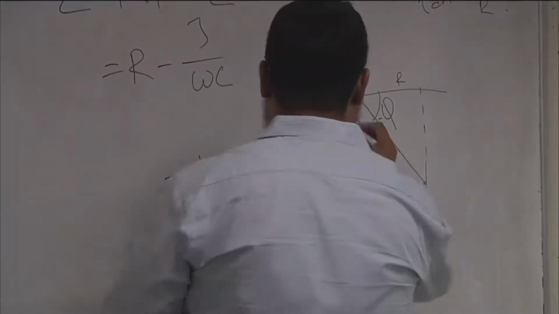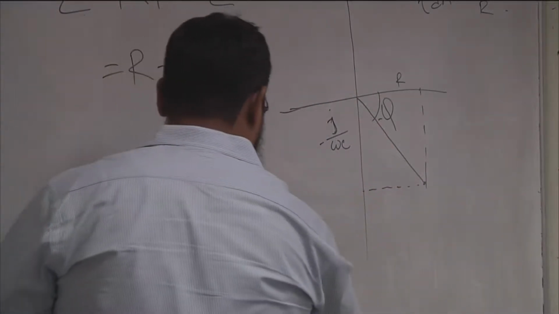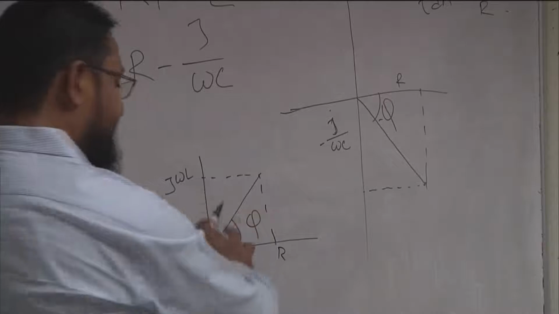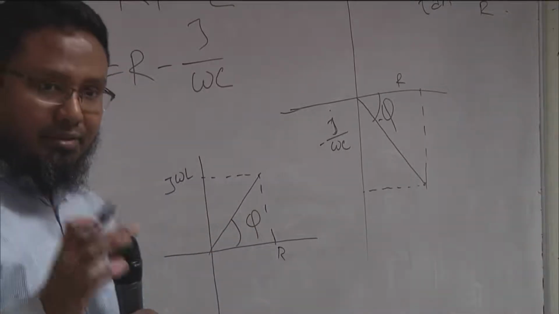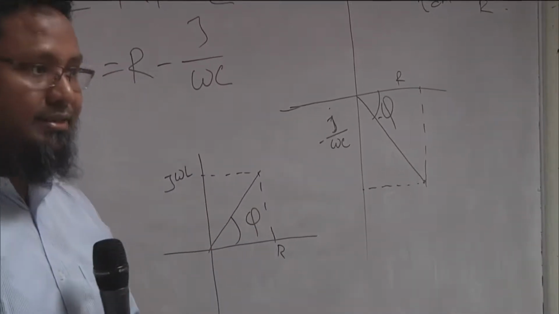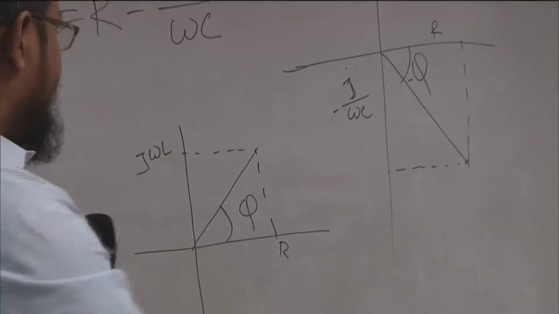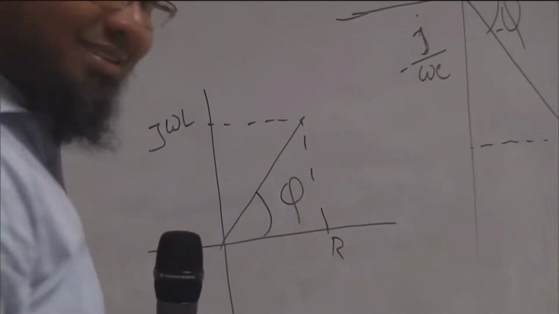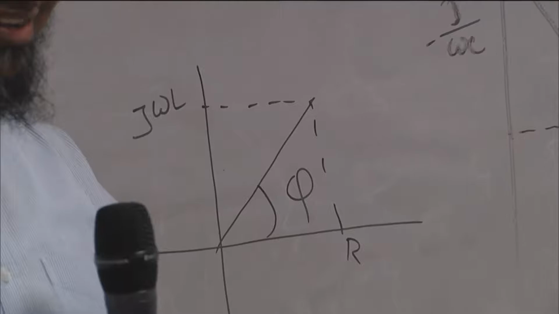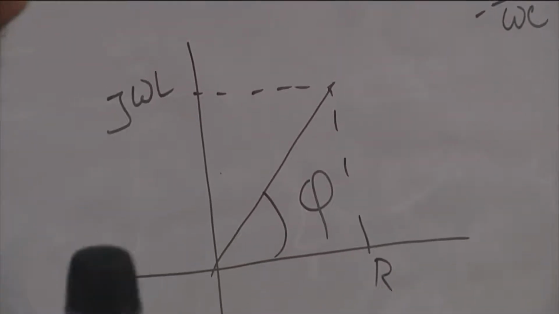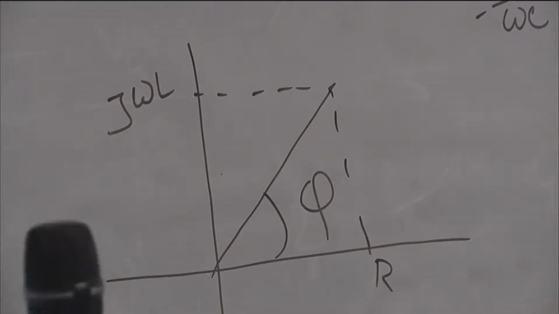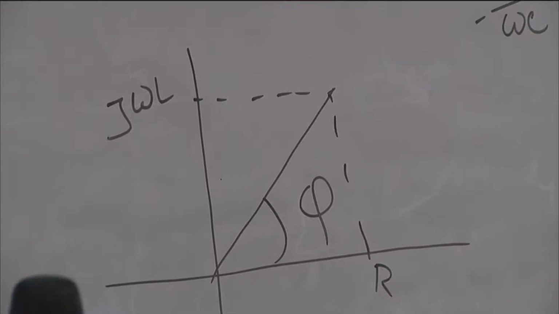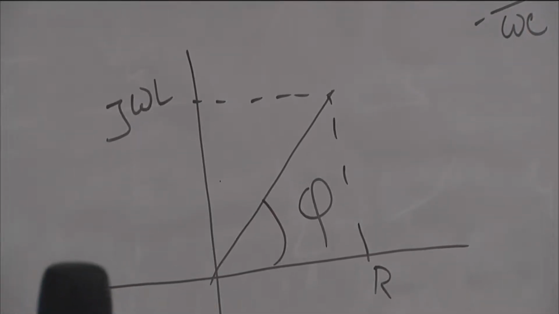You can write J here, and this is R. Because for the case of an inductor, the imaginary part or the reactance is something positive. So you'll end up having a positive phi, right? Good. Very similar, complementary. One is sort of opposite to the other one.